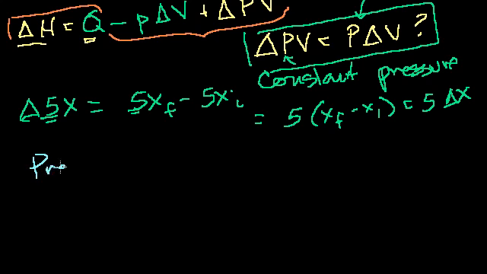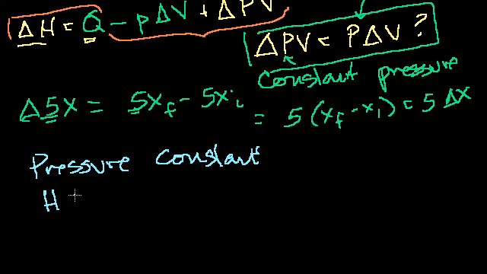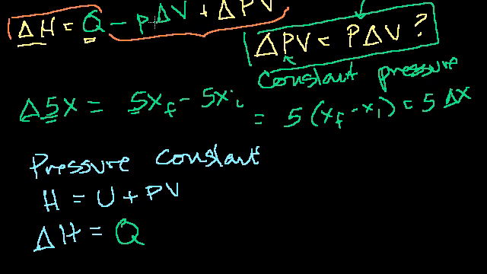If pressure is constant, then our definition, our little thing we made up, this enthalpy, which we defined as internal energy plus pressure times volume, then in a constant pressure system, our change in enthalpy, we just showed, will be equal to the heat added to the system, because these two things become equivalent under constant pressure. So I should write that: this is only true when heat is added in a constant pressure system.